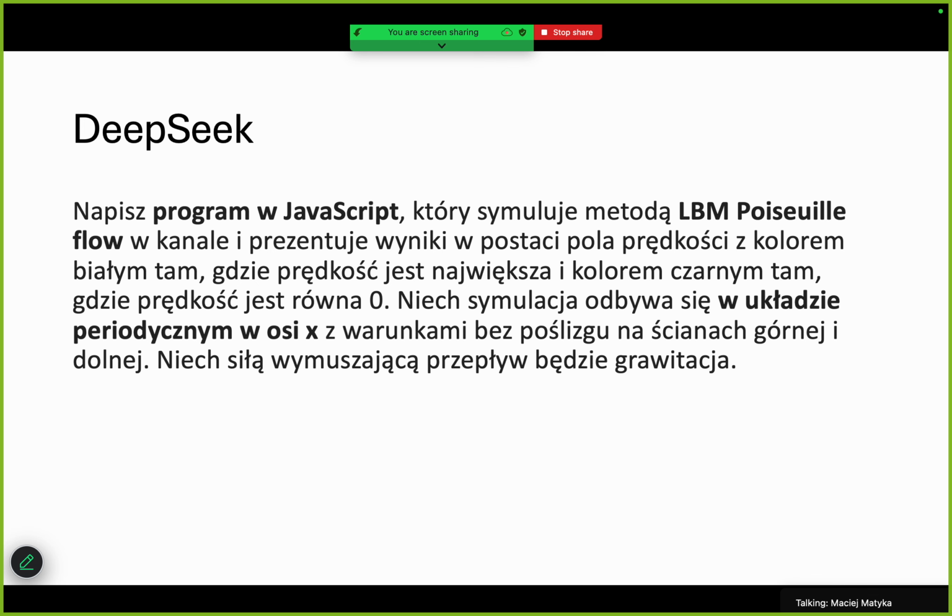But if you give a prompt like this to a good student that is already after some courses on fluid dynamics and programming, he will be able to do it because he will connect the dots. Okay, so LBM, Poiseuille flow, JavaScript, periodic boundaries, and everything between will be filled in by this person.